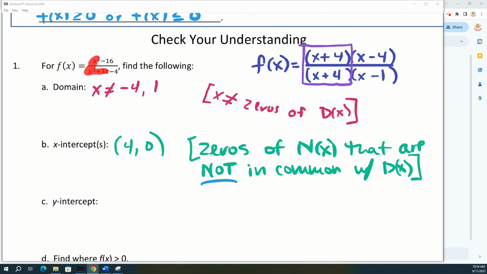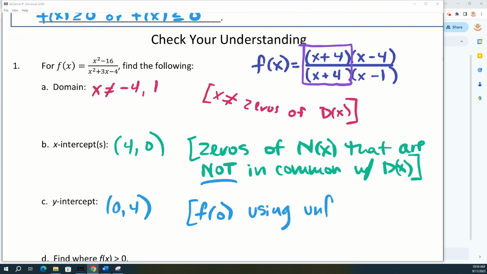Yeah, -16 divided by -4, which is just 4. So I'm going to write f of 0 using unfactored form. But it will work in any form. It's just more difficult to do it in the other form.